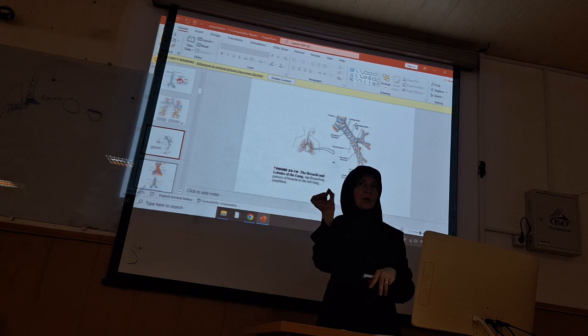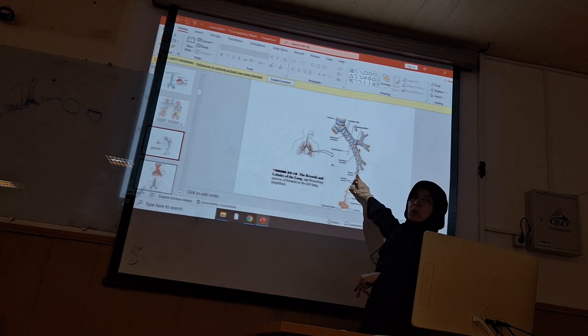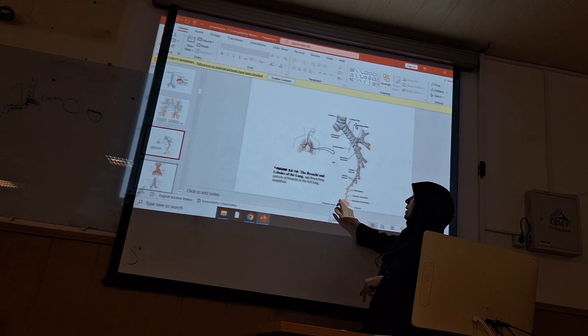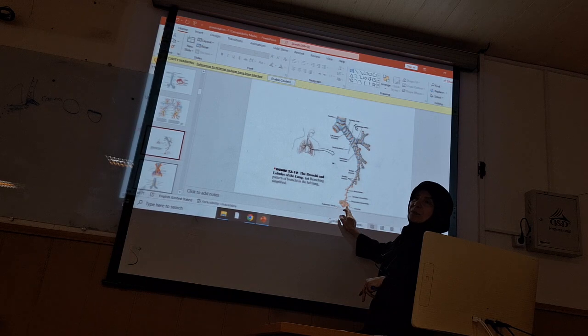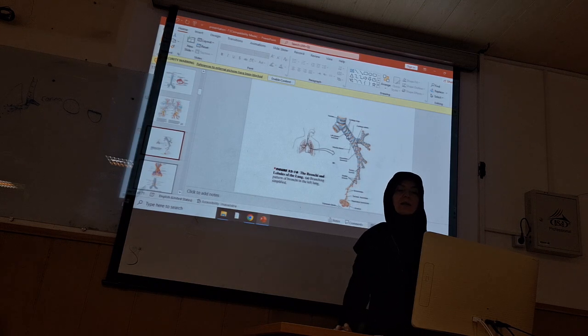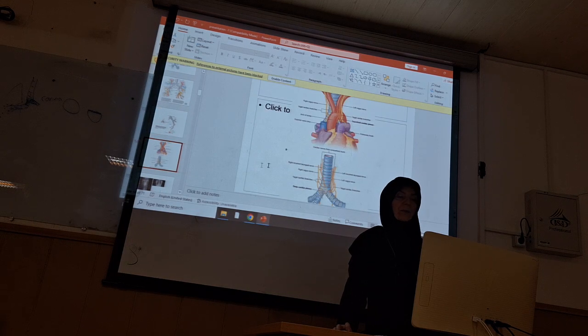So when they become very small, look here, this blue color shows you the cartilage, and it is going to disappear. In the small divisions of this tree, you are not able to find the cartilage, and the smooth muscle participates to form the structure, and we know the smooth muscle is able to contract.